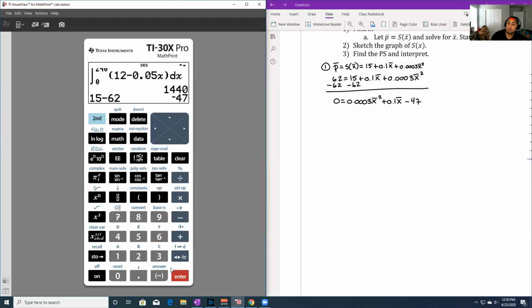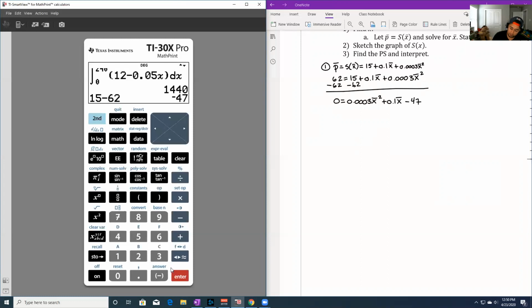Okay, so now 2 ways to solve for X. Factor it, which we're not going to do, or quadratic formula, which, yes, that's much better, right? We're going to quadratic formula this.